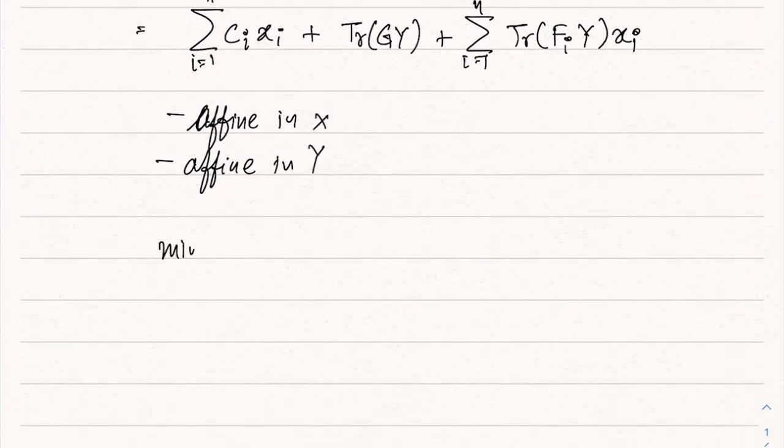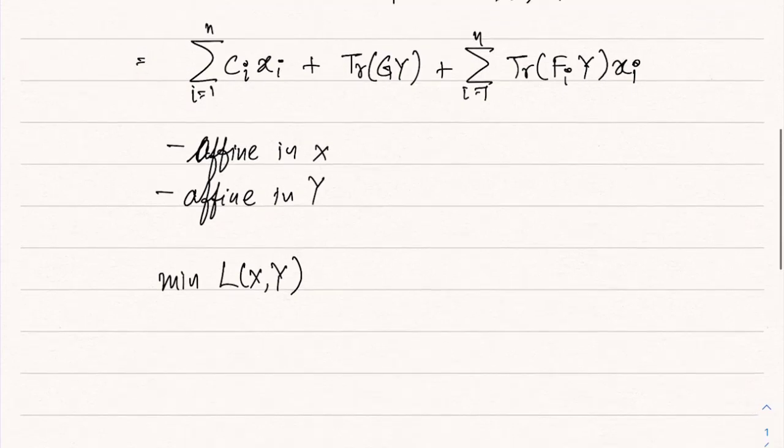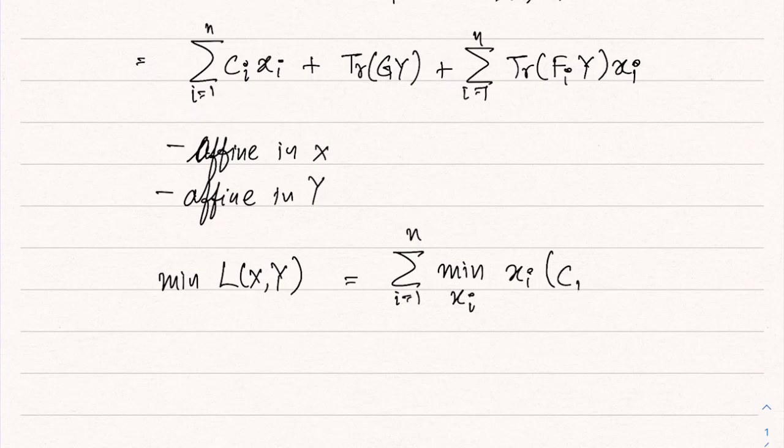So let's now minimize this Lagrangian with respect to x, and observe first that the Lagrangian is separable in x. So this would be equivalent to the summation over i equal to 1 to n of the minimum over x_i of x_i times (c_i plus trace of F_iY), plus the other terms which do not depend on x, like trace of GY.